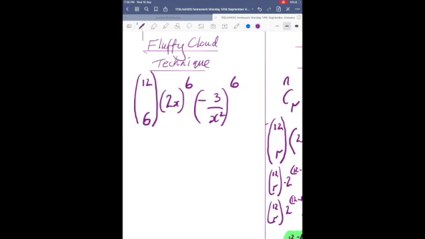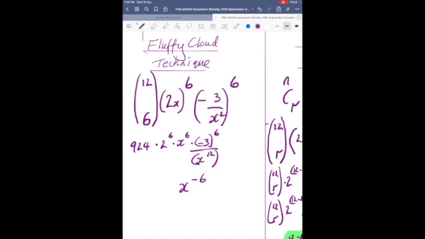Now on my calculator, because this is quite a big number, 12 choose 6 is 924, times 2 to the 6, times x to the 6, times negative 3 to the 6, divided by x to the 12. We know this is going to give us x to the negative 6 overall, and I'm going to crunch this out.